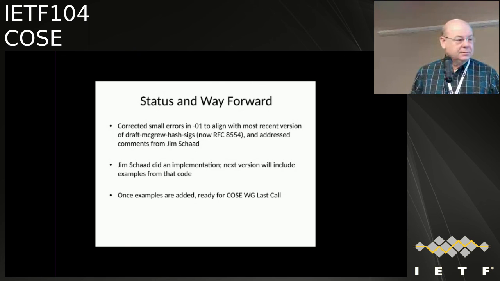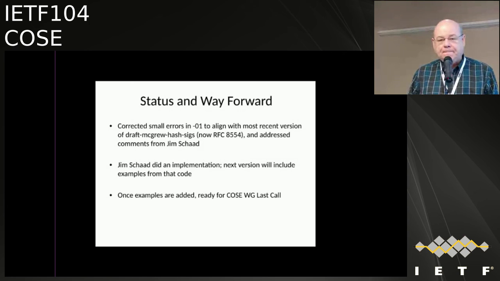I think, questions? Quỳnh Đan, I have a question. Since the spec has a lot of options, I don't know what option you picked in the draft? So the way the options work, the signature itself tells you which options were picked.